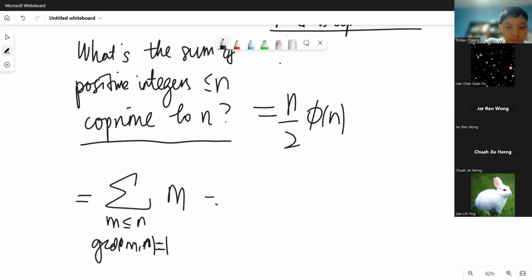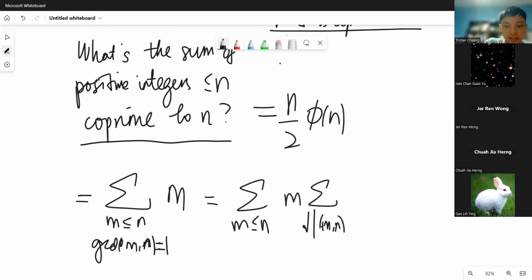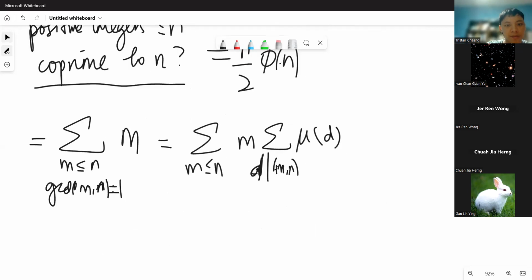So I'm going to write this like this, times m times the Mobius function. Sorry, like this identity. And then I'm going to swap summations. So swapping summation is a very nice trick. I mean, for this question, it's probably pointless, but I just want to show. Sometimes you want to swap summations.